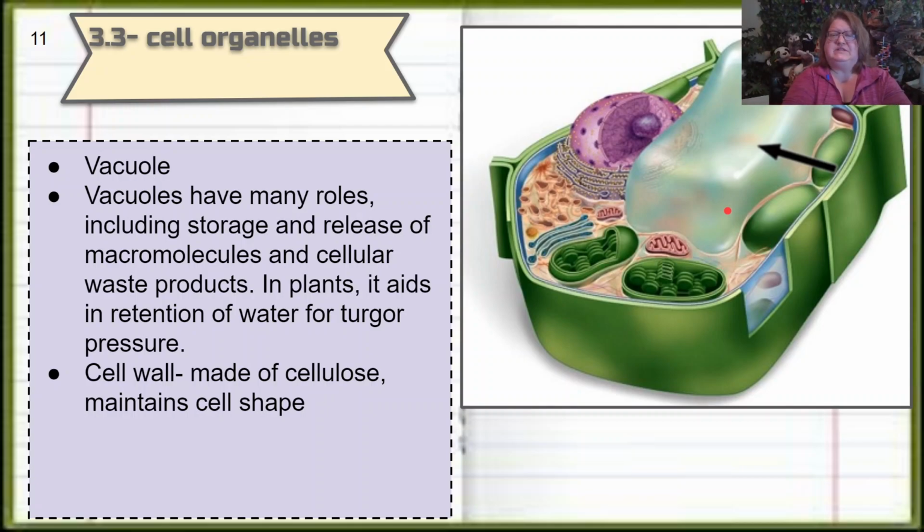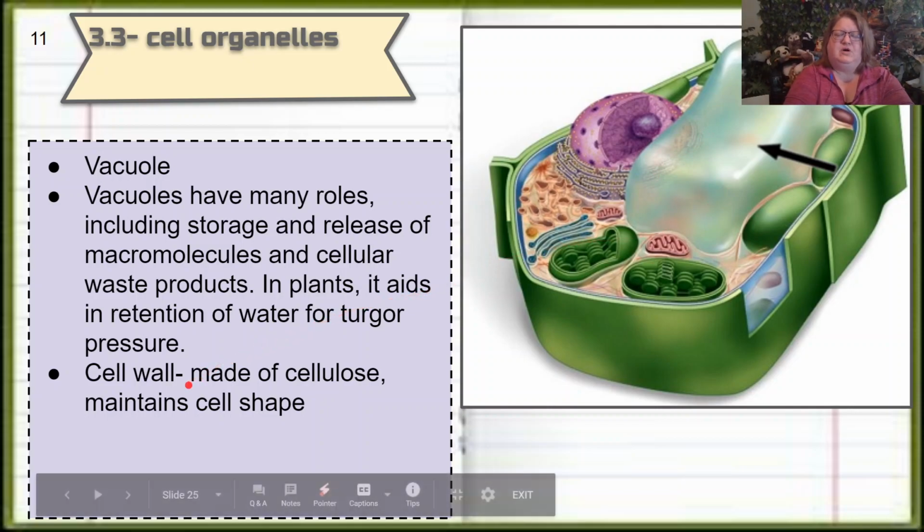In a plant that's wilting and droopy, we would see a vacuole that's really low on water. And because it's low on water, it's like a water balloon that's kind of sad and limp. So that vacuole is usually supposed to be full of water. And then the last part that we see in plants would be the cell wall.